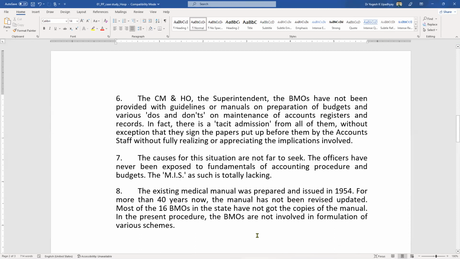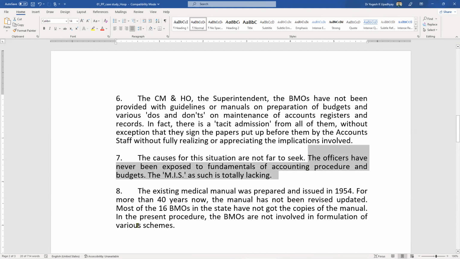So this is typically an environmental issue, not in the hands of the employees. And point number 7, which talks about procedures, budget, MIS is lacking. That again is a part of the environment only.